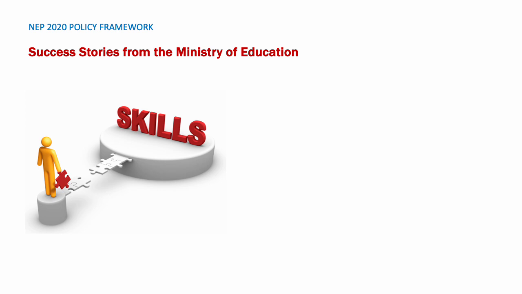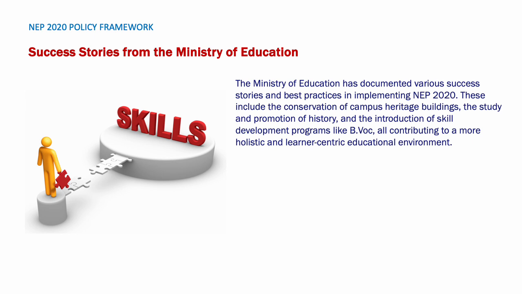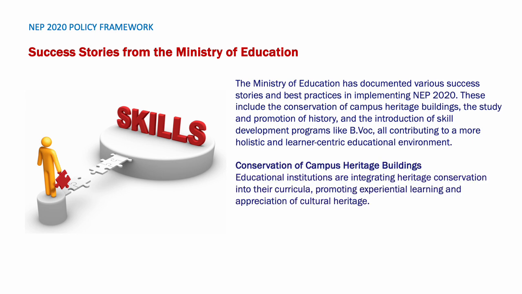Now we move on to success stories from the Ministry of Education. The Ministry has documented various success stories and best practices in implementing NEP 2020. These include the conservation of campus heritage buildings, the study and promotion of history, and the introduction of skill development programs like BWalk, all contributing to a more holistic and learner-centric educational environment.